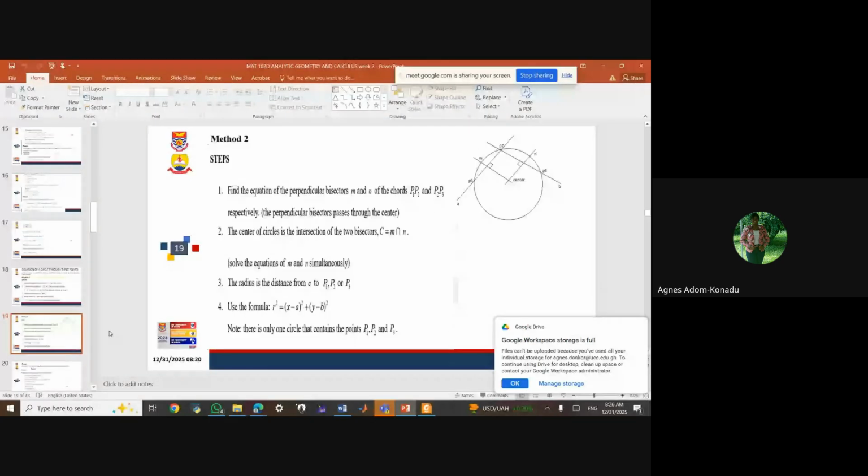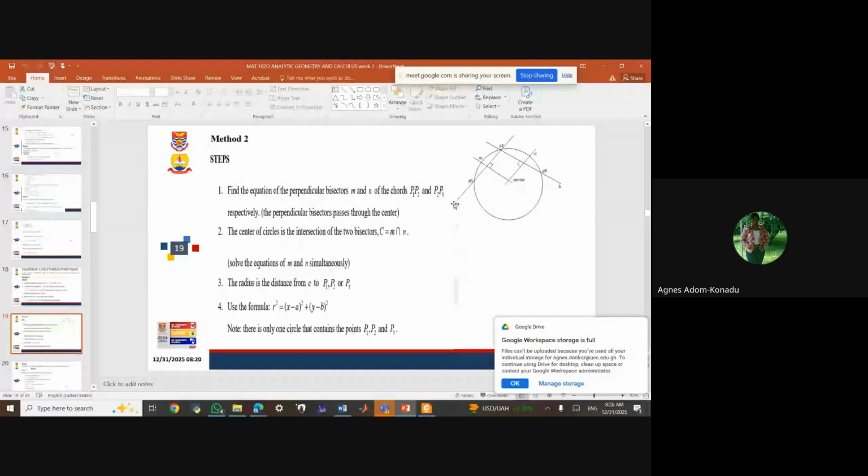The next method is to draw lines to meet the 3 points. So you have P1, P2, P3. Then you draw a perpendicular bisector for P2 and P3, and then for P1 and P2.